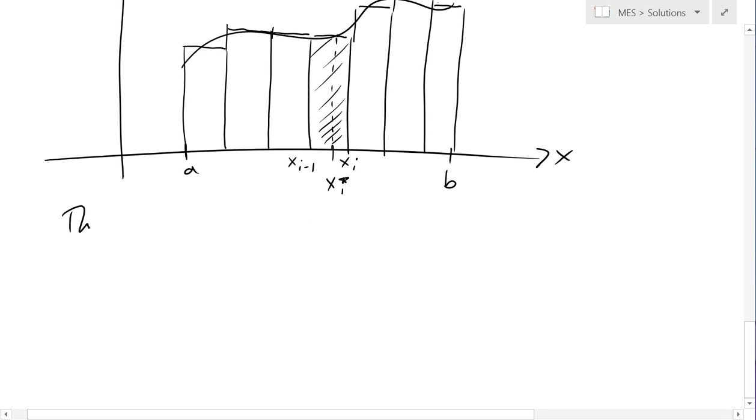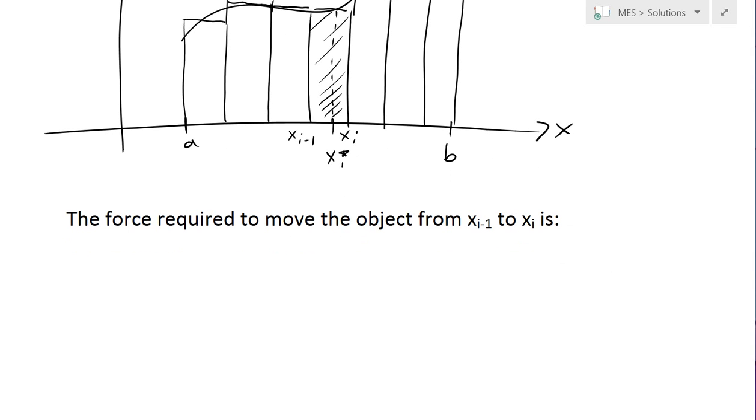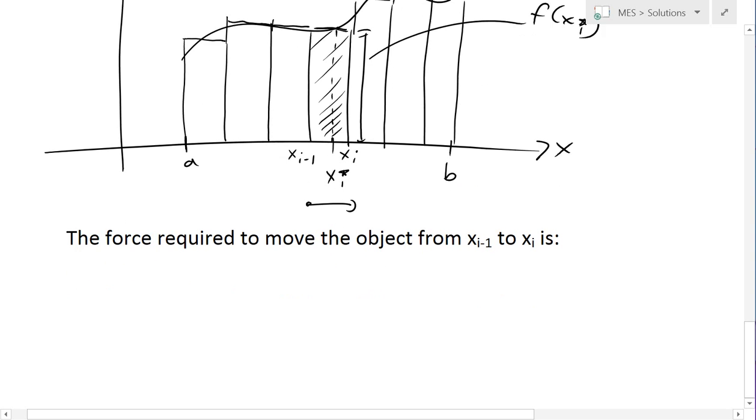So now this is the region we're going to be dealing with. So the force required to move the object from xi minus 1 to xi, so we're dragging it from here to here, is a constant force up here, and this is just f of xi star. The star just means anywhere in between that we've decided to be where this rectangle's height is going to be.